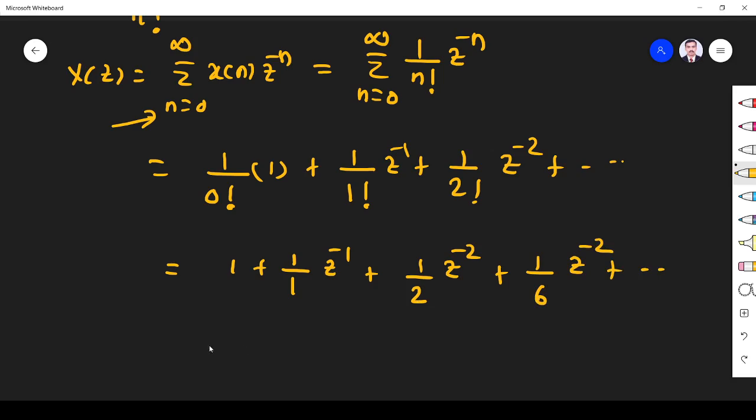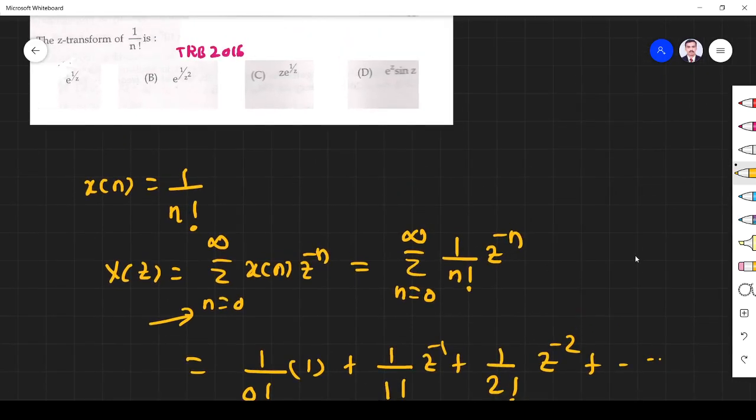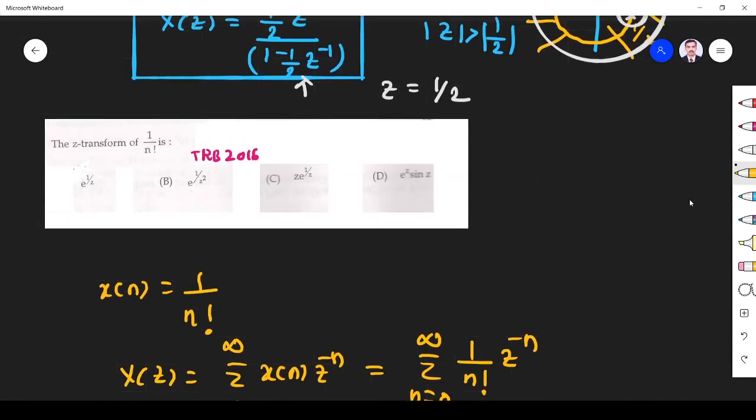What is that? It is the Laurent series expansion of e power 1 by z. So the answer is e power 1 by z, which is option A. The Z transform of 1 by n factorial is e power 1 by z.